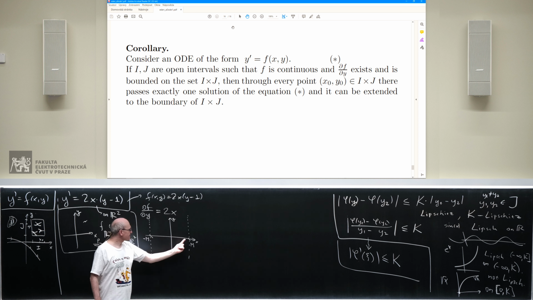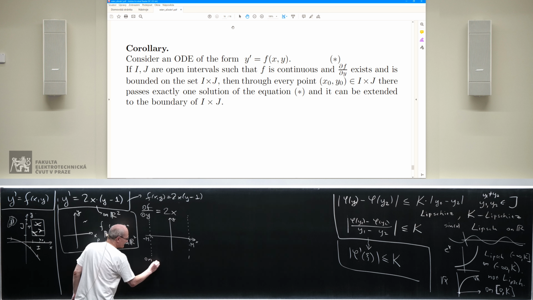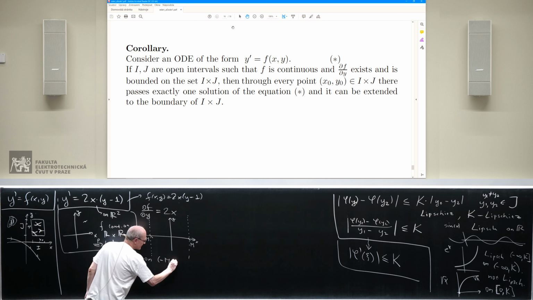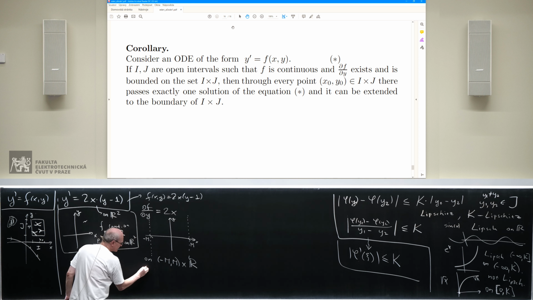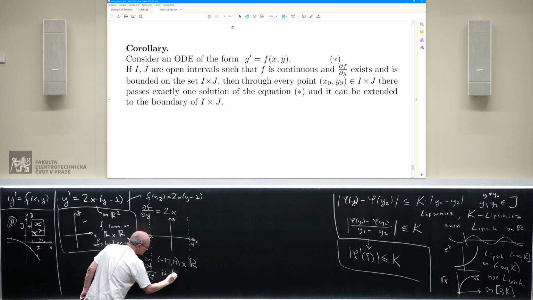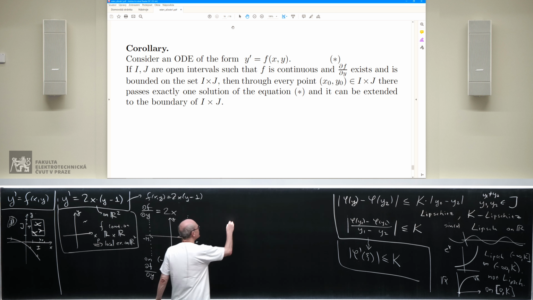And I claim that this is my rectangle. So the I interval goes from negative m to m, and the j interval is actually the whole real line. So my statement is, on the set minus m, m cross R, the partial derivative is bounded. How do I know? Well, let me do a little sidestep.